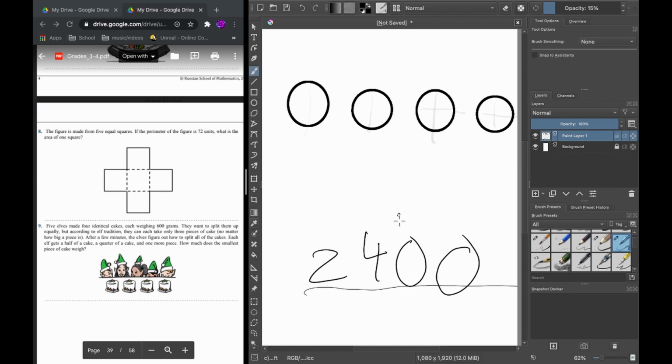Now that they have a 6, there's 1 piece left. So when they split that 1 piece, that is basically 600 divided by 4.